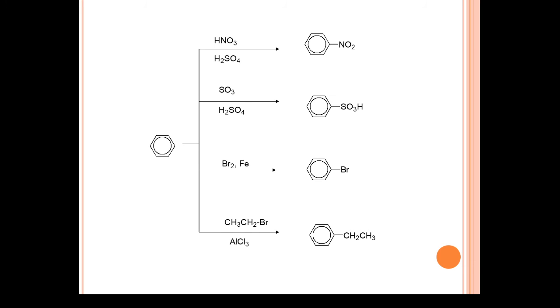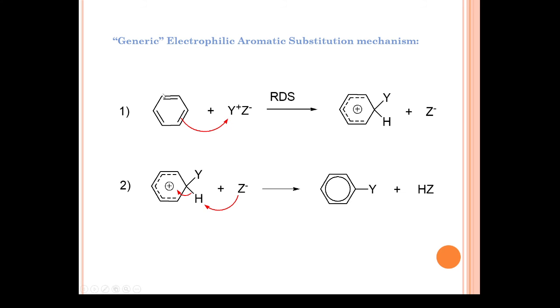We're going to substitute our benzene ring with some substituent depending on what we're going to react it with. You should know the reactants that are needed. I can't just add a nitrate group. In order to add the nitro group, I need to mix sulfuric acid with nitric acid. And we'll see this. So there's actually pre-steps to get to the substitution mechanism.